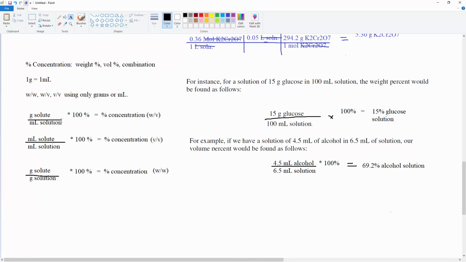So here we say, look, if you have a solution with 100 parts and 20 of them are solutes, and the grams and the milliliters here are interchangeable because of that density. It's a rough interchangeable, right? Because the density of alcohol is not the same as that of water, but it's still approximate.